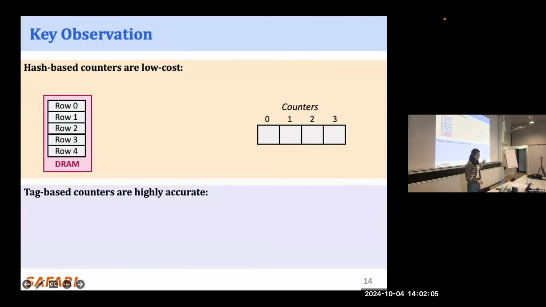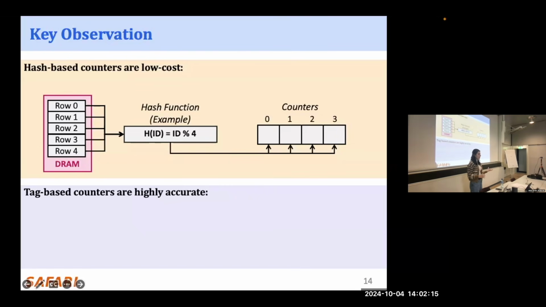So we have many DRAM rows in our DRAM device, and we have some counters that we want to map these DRAM rows to. Hash-based counters do this mapping using hash functions. They take the row ID as an input to the hash function and use the output of the hash function as an index to the counter table. So this effectively maps each of these DRAM rows to one of the counters in the counter array.